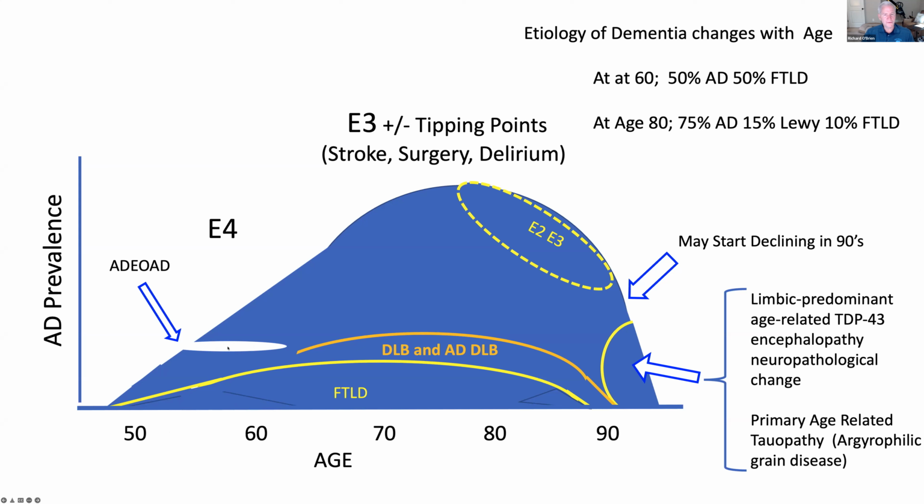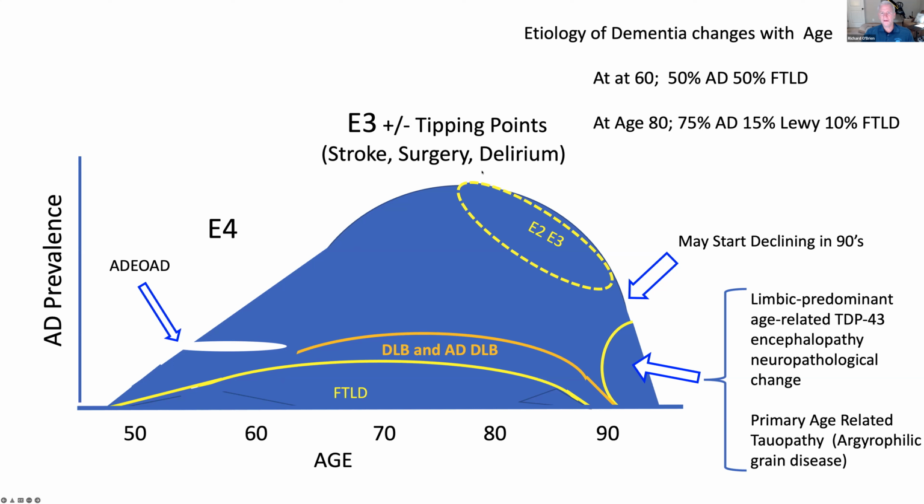It's just a small fraction of all degenerative brain diseases, and usually between age 50 and 60. But down here, you see degenerative diseases that are due to the presence of the APOE4 genotype, along with some frontotemporal lobar degenerations, and then a little later on, some Lewy body dementia.